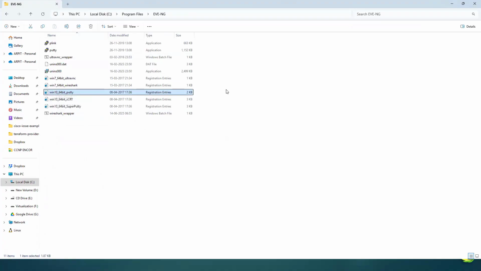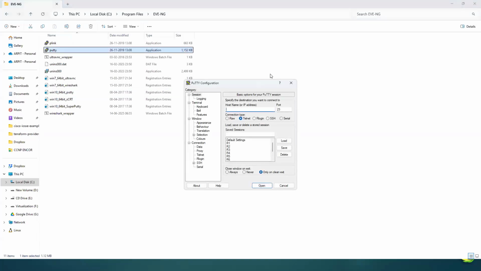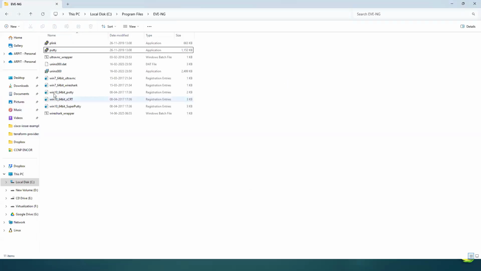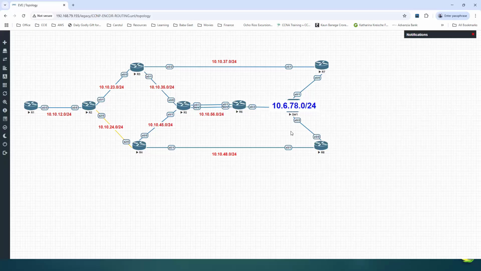What this registry file does is connect your browser to the default telnet client, which is supposed to be the PuTTY client. PuTTY is already here, part of the Windows Client Pack, so you don't need to install it separately. And don't worry if it says Windows 10, even if you're using Windows 7 or Windows 11, it will work fine. So make sure the Windows Client Pack is installed as well.